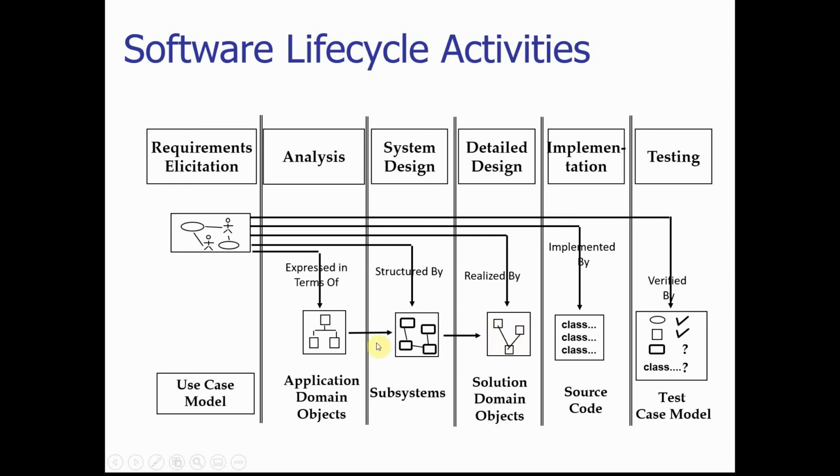So you see the class diagram goes through three phases: domain level, analysis level, and detail design level. Okay, and in requirement elicitation, we are mainly focused on the use case model, and we use this to bridge the gap between the user and the software engineer.